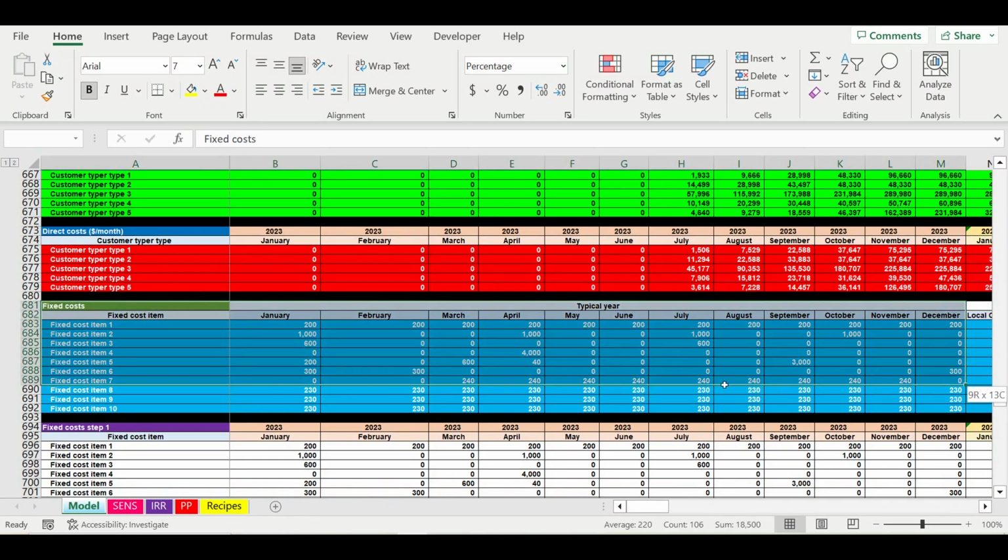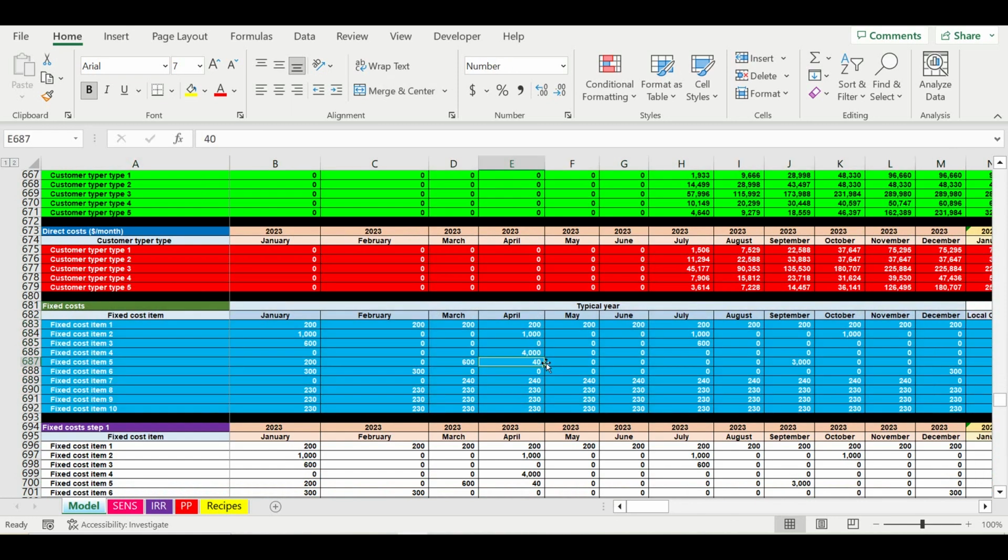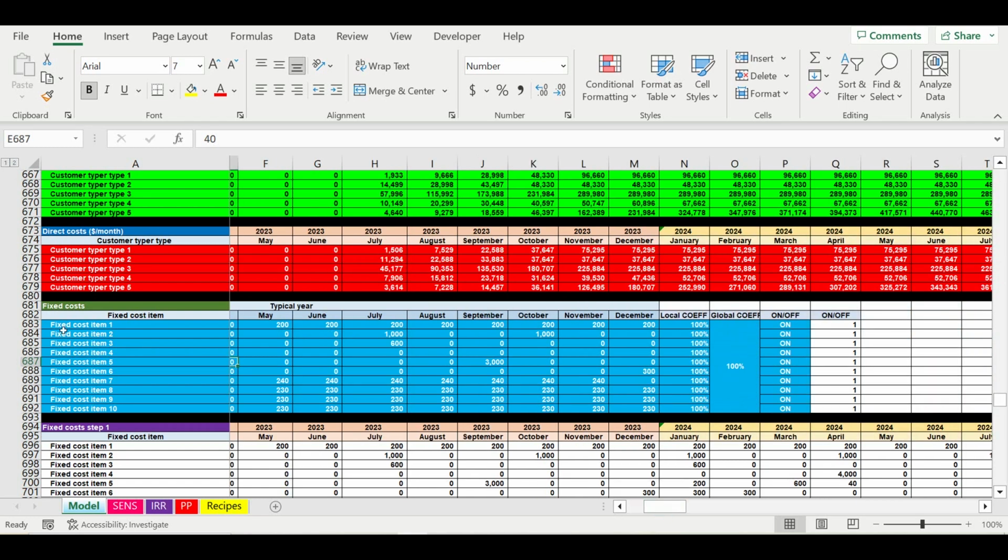Here the important thing about fixed costs: we may place, for example, the rent. So we can play with local and global coefficients. We can switch on and off different expenses from calculations, like advertising, rent, and see how they affect the financial efficiency. And what is important about this block?